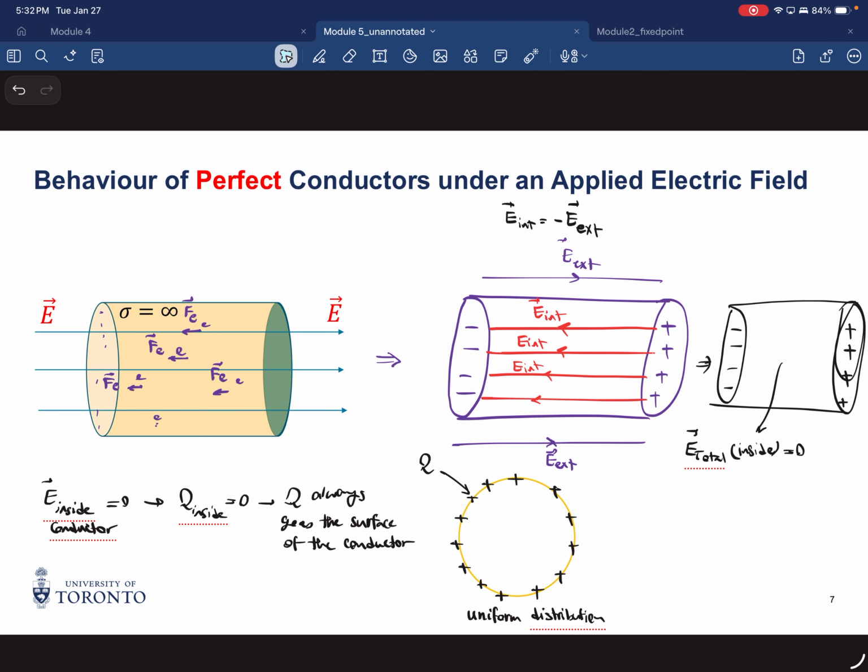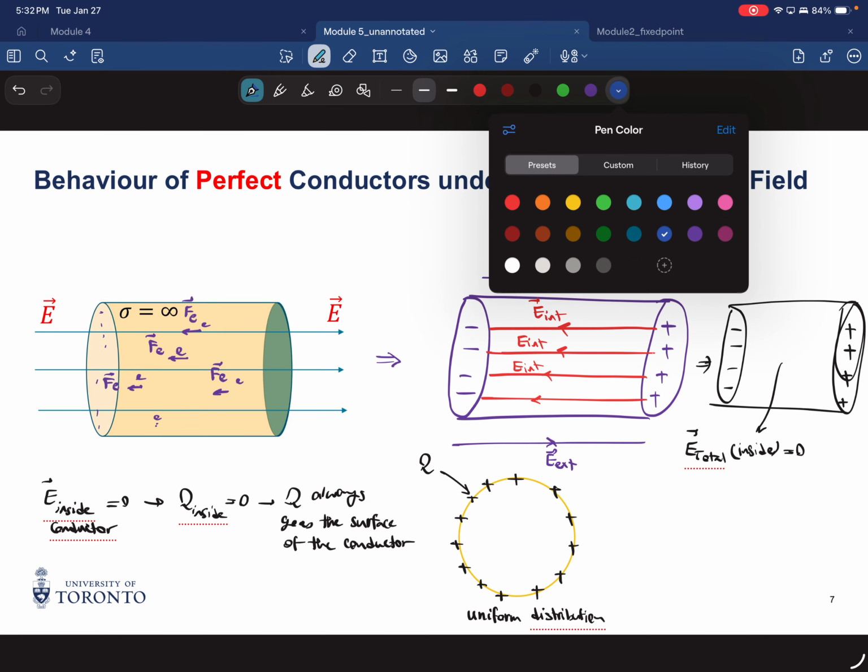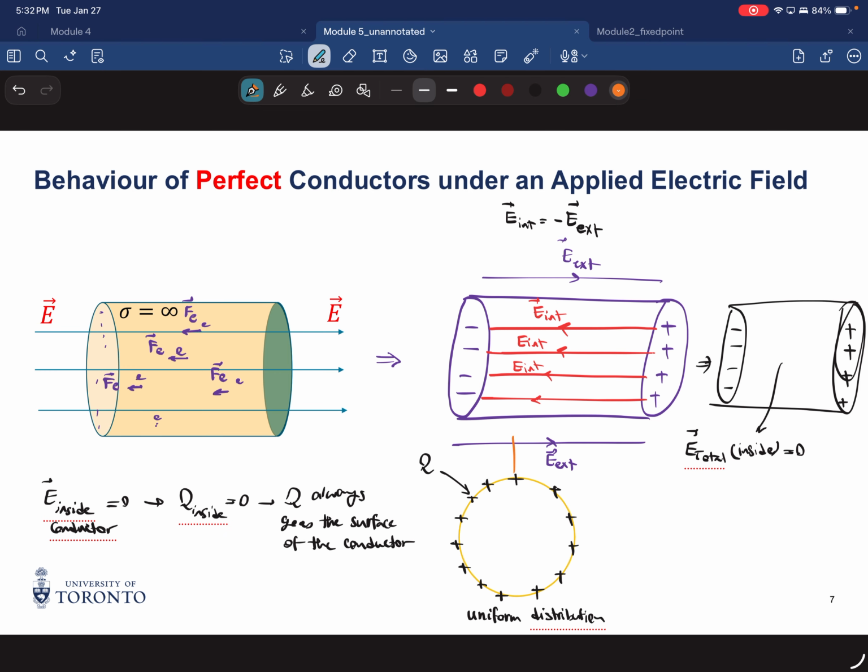Now, if I want to draw the electric fields, every time we have positive charges, they act like a source for the electric field, right? So the electric field is going to look like this at every point. And it must be perpendicular to the surface of this sphere.